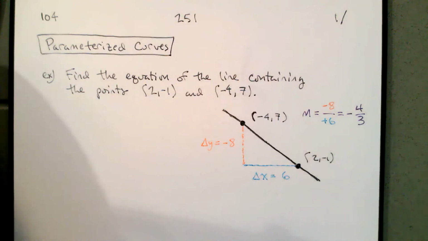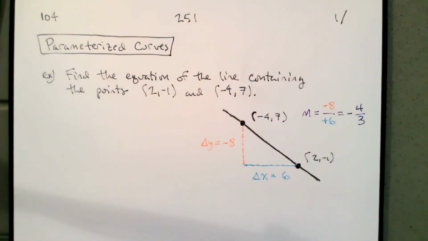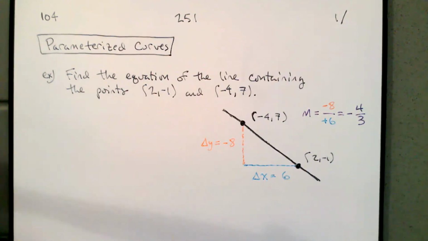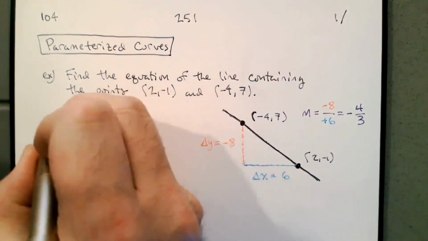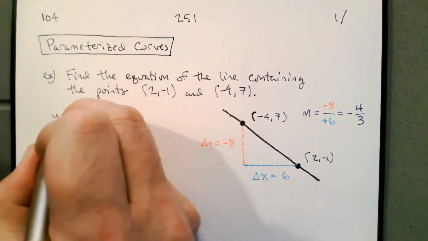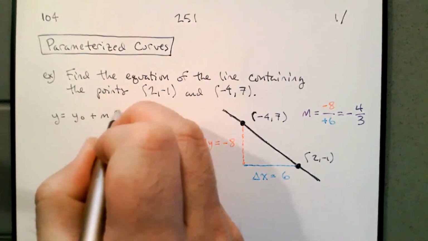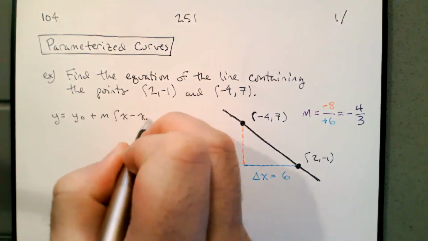And then we'll simplify that to -4/3. Now we can use the point-slope equation of a line. We can take either one of these points to be (x0, y0). So we're just going to write y equals y0 plus m times (x minus x0).